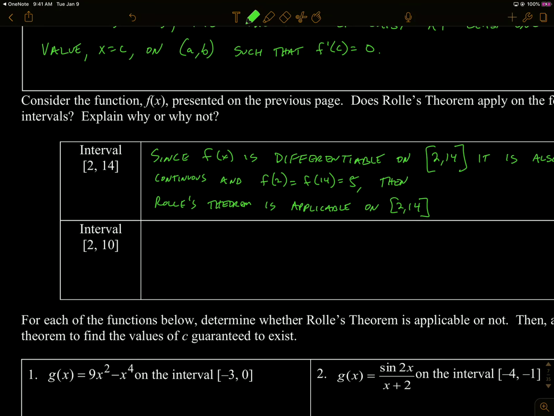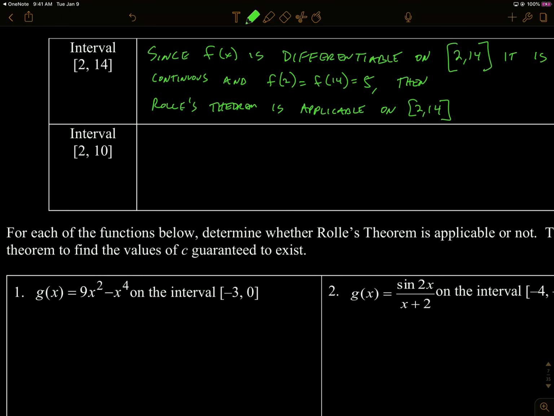That means there will be some point on the open interval 2 to 14 where the slope of the tangent line is 0. So there will be a horizontal tangent line at least once.